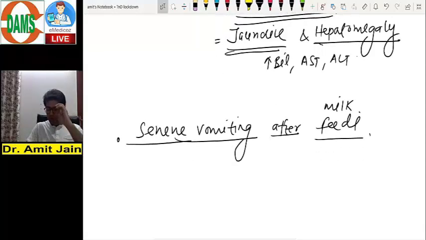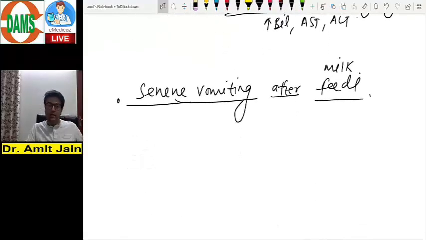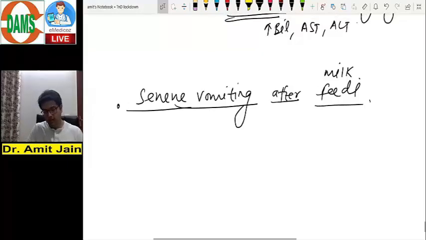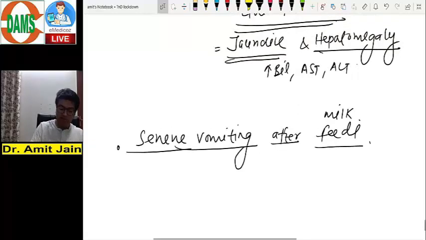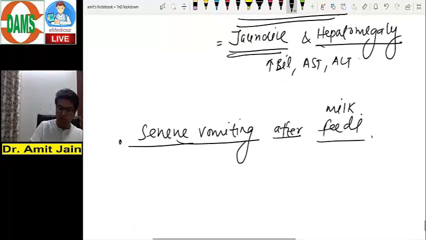So the baby is unable to assimilate the milk. But the mother will try again and again to forcibly give the milk to the child. So the baby will get milk again and again, and this will manifest initially as severe vomiting. The baby will later on have jaundice and hepatomegaly.